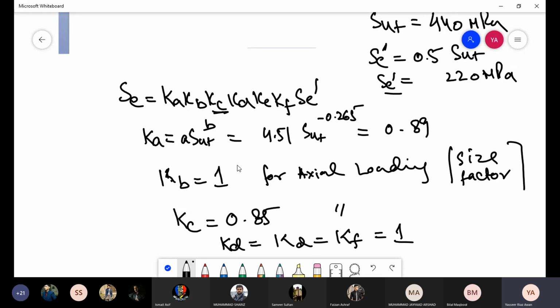Okay. But remember that this design, or the load that we would determine, is for 50% reliability. So if you need to increase the reliability, you need to increase this factor.